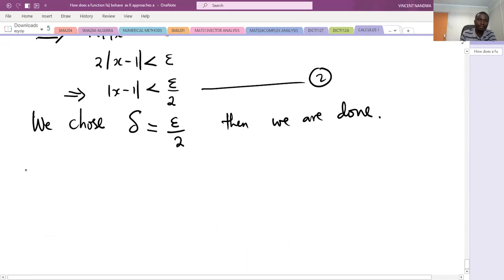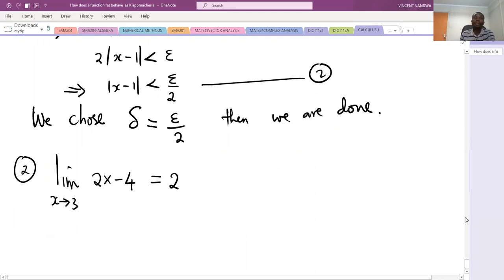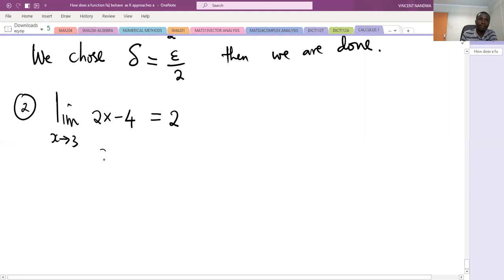And number 2, limit as x approaches 3 of 2x minus 4 equals 2. So the proof: let epsilon greater than 0 be given.